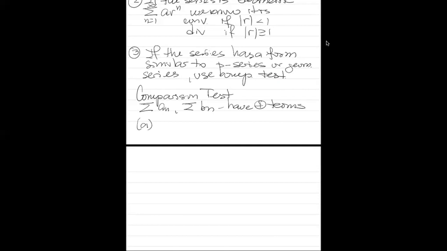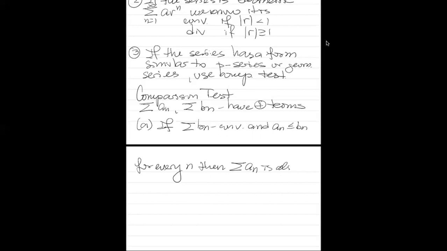So A, if sigma b sub n is convergent, and we have this inequality a sub n less than or equal to b sub n for every n, then the smaller series, so if the bigger one is convergent and we know it's either a p-series or geometric series, then the smaller one is also convergent. We already have those tests, so that's kind of a review here.